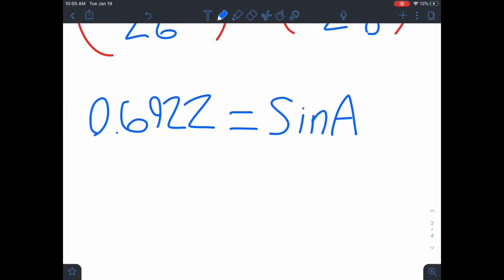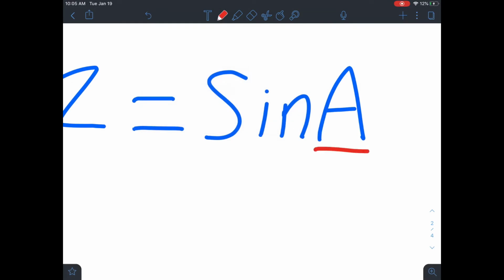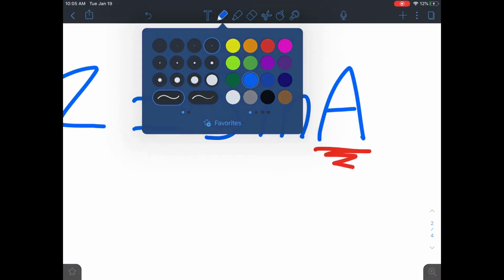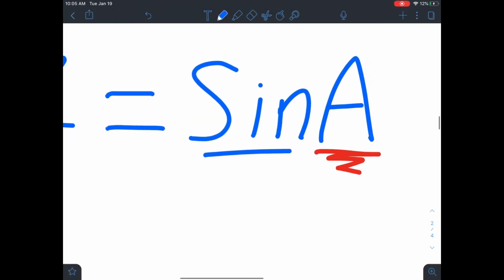But now we have to go even further because we have to get this A completely alone. We are going to divide out sine.